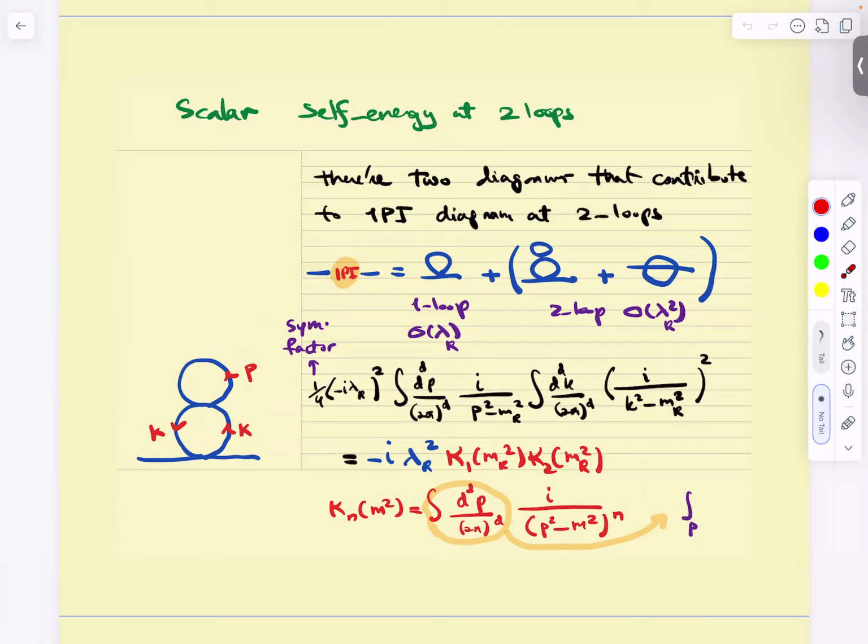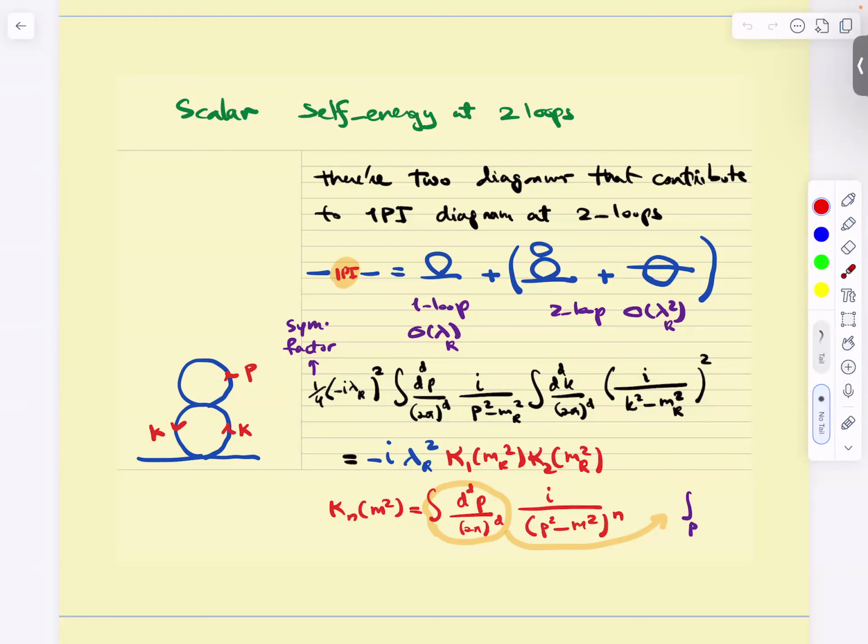It was just the integral of d^d p over 2 pi^d of 1 over p squared minus m squared. So I'm going to call this K1 of m squared. We computed this; we regulated this in dim-reg and went through all of that song and dance.